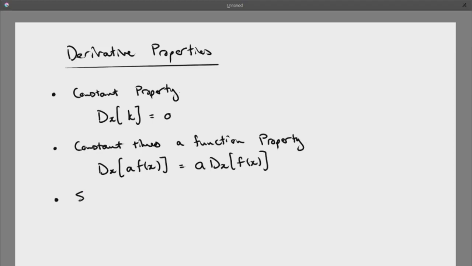Then I have the sum difference property. Crucial to isolate different terms.